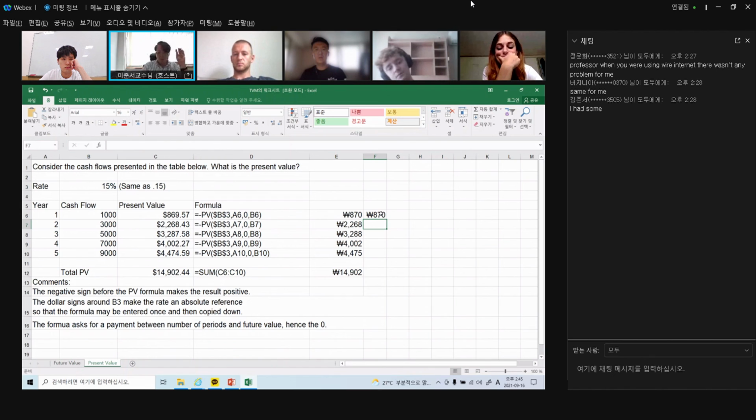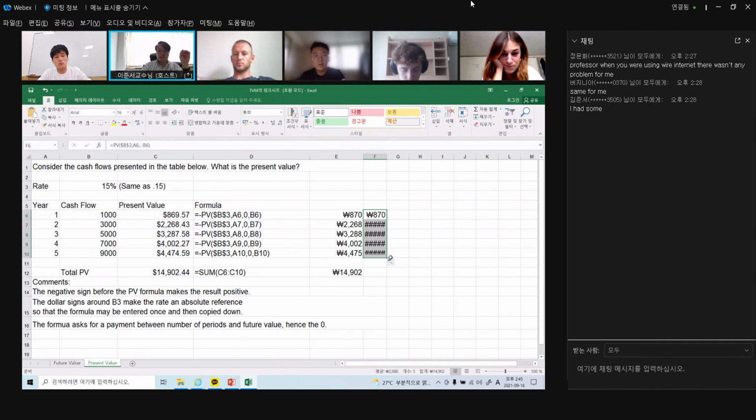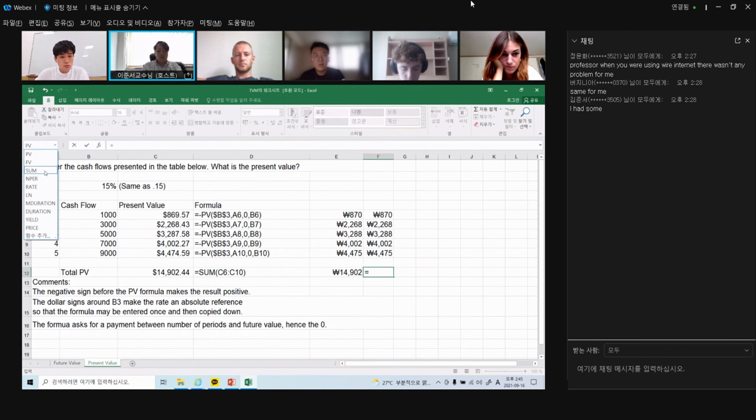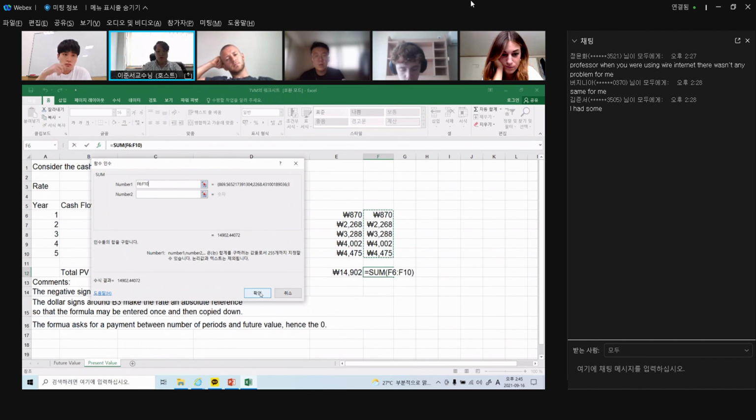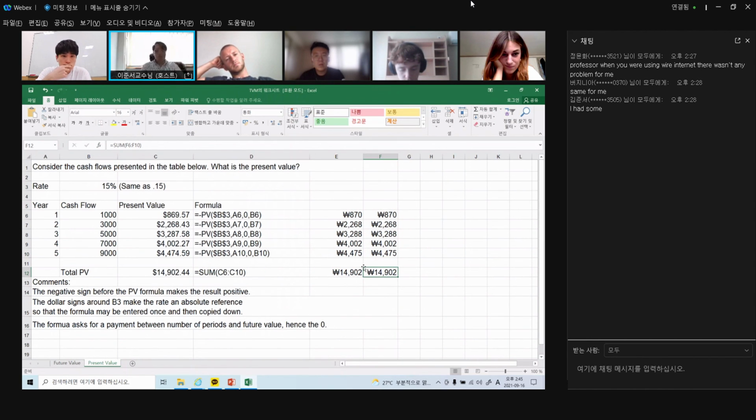Once you set the formula, if you drag, then automatically you can get the answer, right? Then you can just sum this up, and you can get the answer. Here you go. So I gave you a tip to solve this uneven cash flow question very easily.